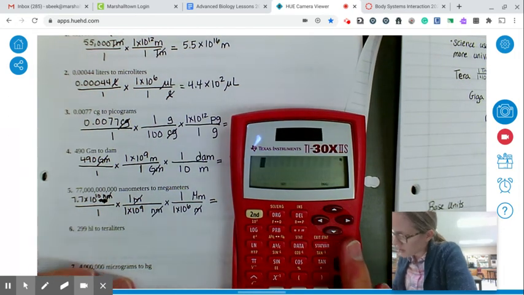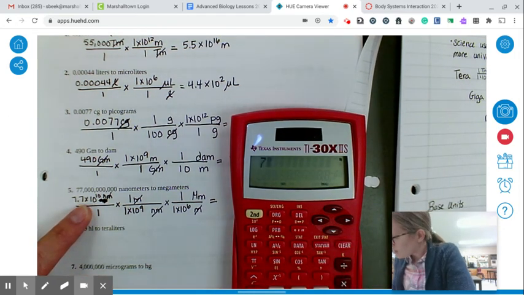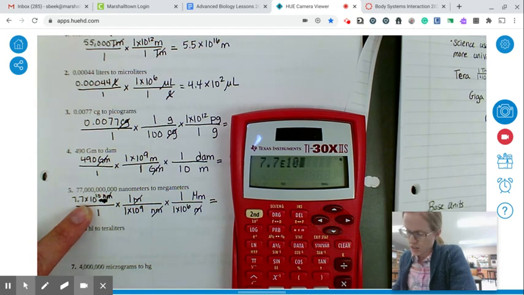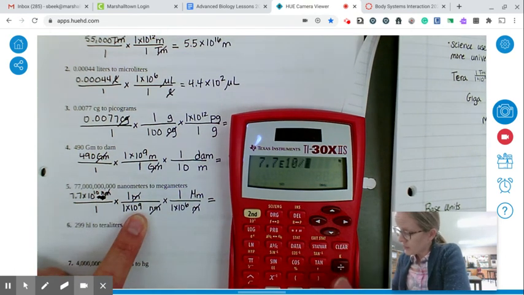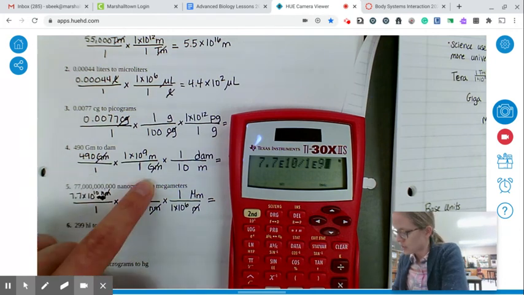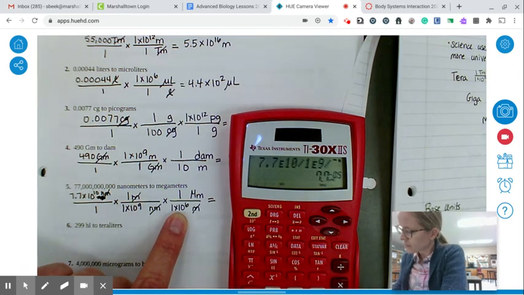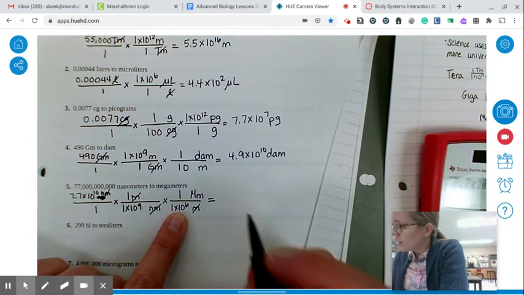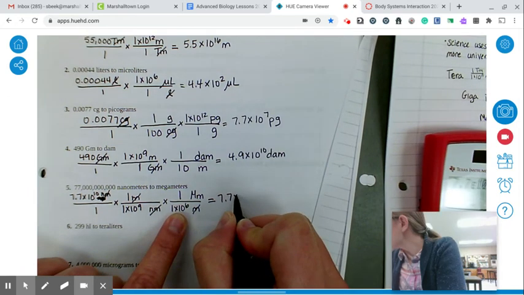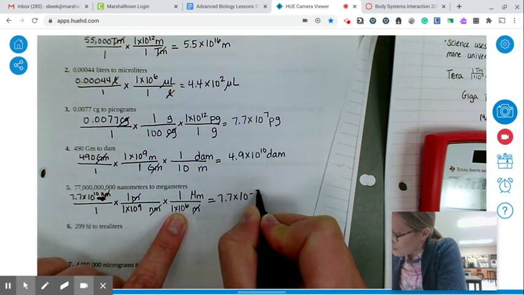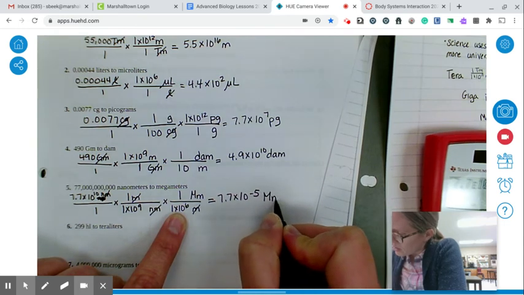You got to use your EE button a lot on this one. 7.7, at least I'm using it on this first one because I changed it to scientific notation. So that, and then I want to divide by 1 times 10 to the 9th, because this is on the bottom of the fraction, and then divided by 1 EE 6. So I end up with 7.7 times 10 to the negative 5th megameters.